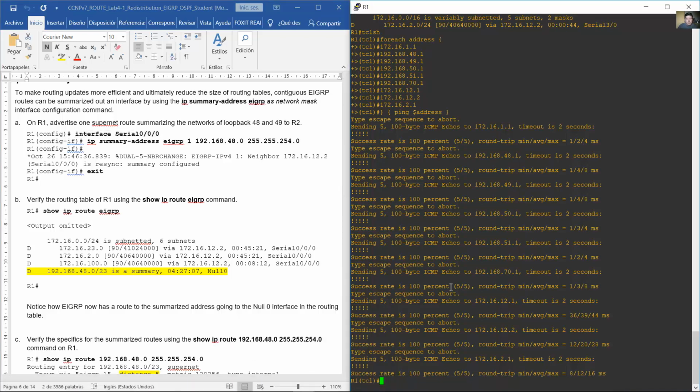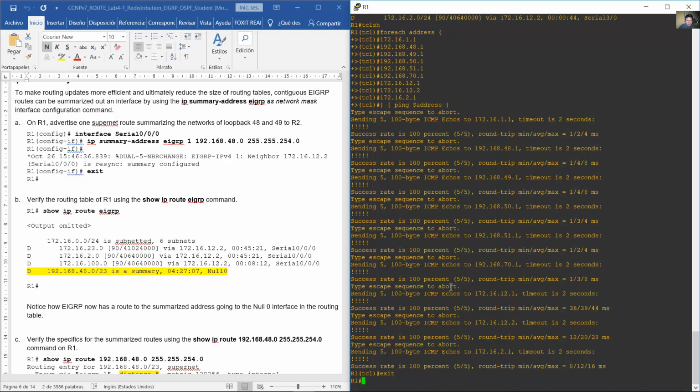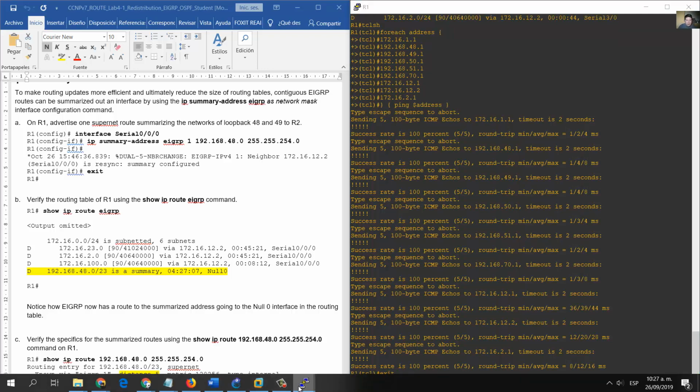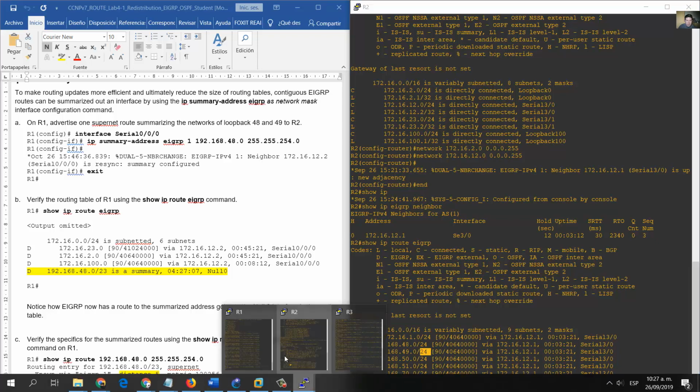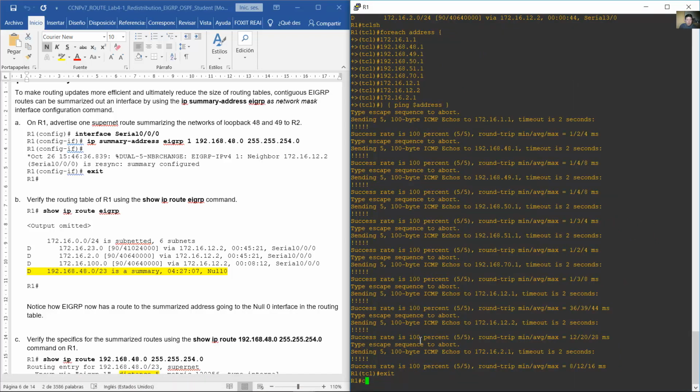Okay, this is R1, exit. On R2, you can see 48 and 49 with subnet mask 24. Both with 24. Go to R1 and configure the summarization.